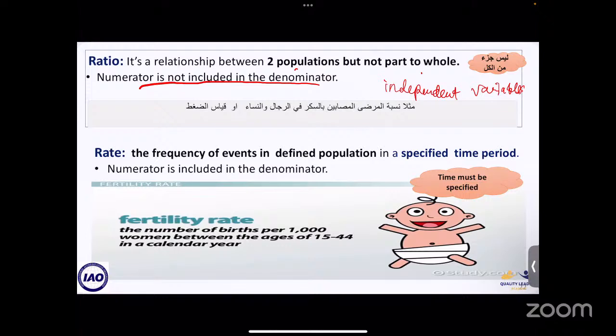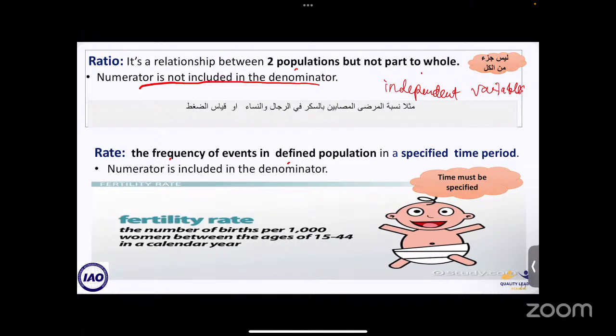What about rate? A rate is similar to proportion, but it includes an additional component. When we say rate, it's the frequency of events in a defined population in a specified time period. So in here, the numerator is included in the denominator.